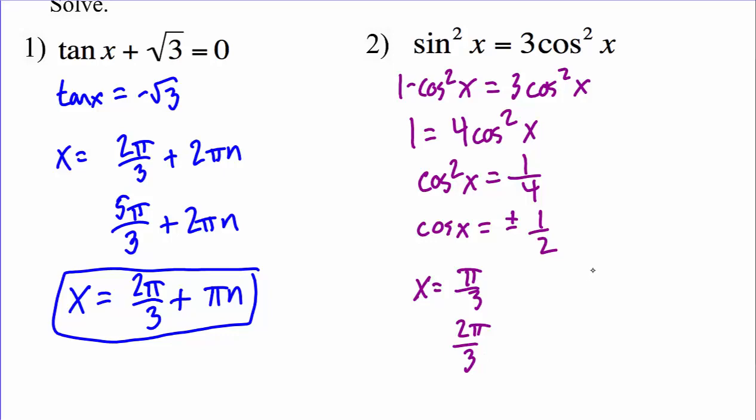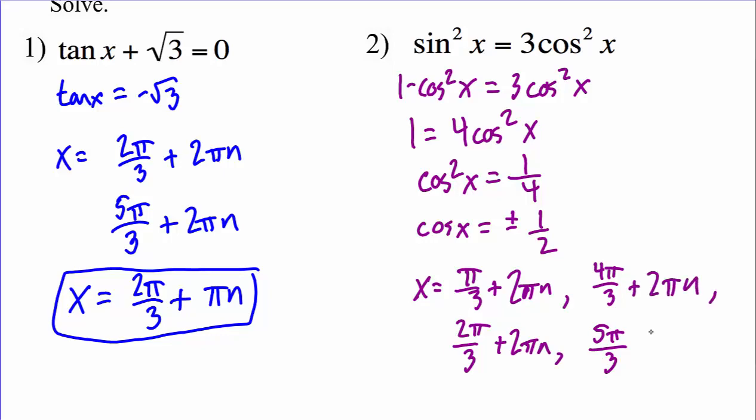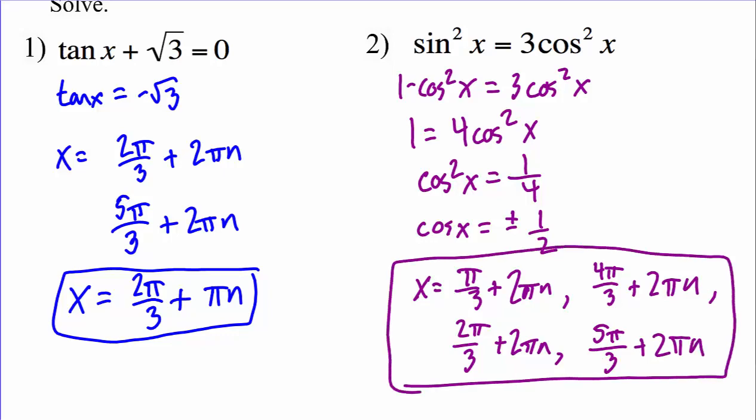We would see it at 4 pi over 3, and also 5 pi over 3. And what you'd notice is that it's those 4 plus every coterminal angle to those 4. So the plus 2 pi n takes care of all the coterminals, whether it's part of the first trip around the unit circle or the 17th trip around the unit circle.